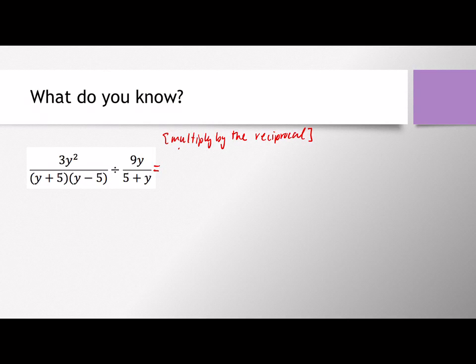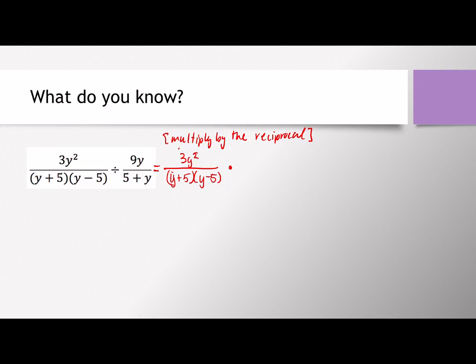we get this expression here. So the first fraction will stay the same. We'll do y plus 5 in the denominator times y minus 5. And then that'll be under 3y squared. But I've changed it to multiplication, and since I'm in algebra mode, I'm going to use a dot for multiplication, as to not confuse the times sign with an x.